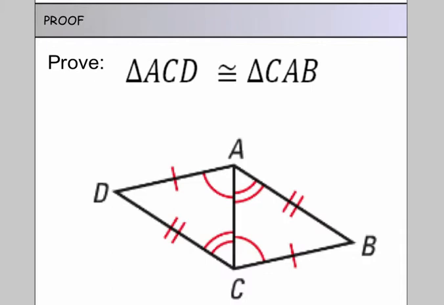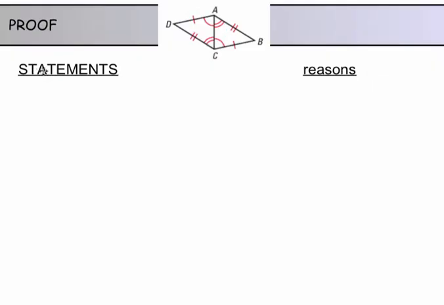So let's prove one more. Triangle ACD is congruent to triangle CAB. Again, I would start with the givens. We know that there are some lines that are congruent. I would start with line segment AD has to be congruent to line segment BC.